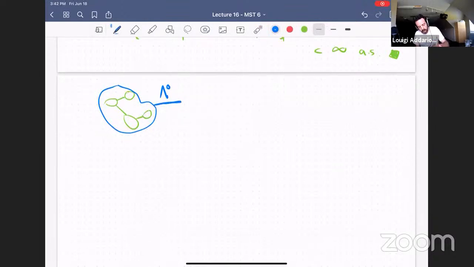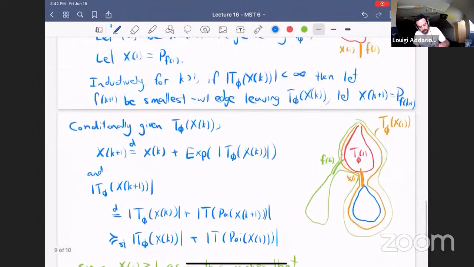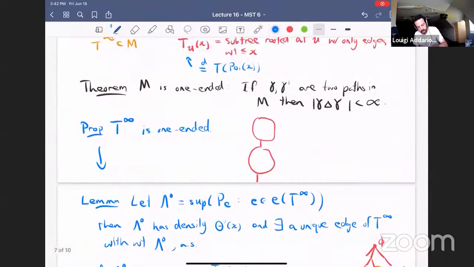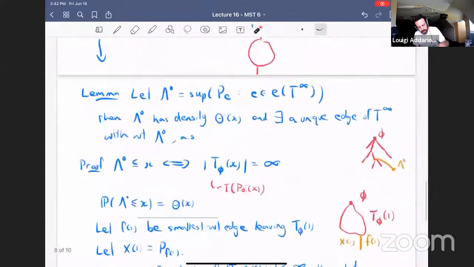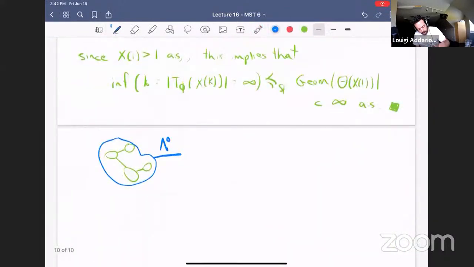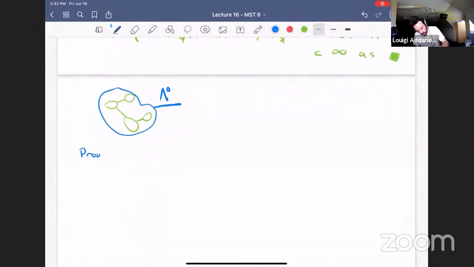So now, with that lemma proved, we're going to prove this proposition, which says that T infinity is one-ended. Let me write E naught for the edge of weight lambda naught.